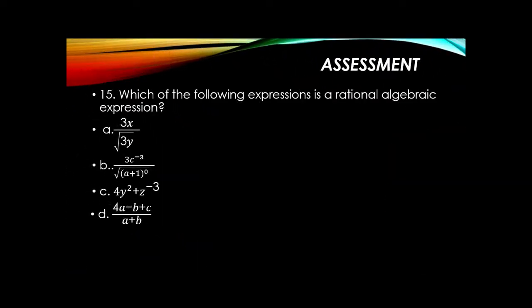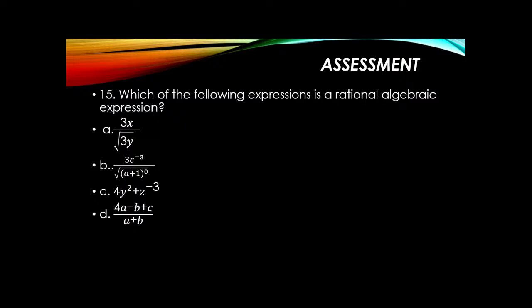Which of the following expressions is a rational algebraic expression? Letter A, 3x all over square root of 3y. B, 3c raised to the power of negative 3 all over square root of a quantity a plus 1 raised to the power of 0.